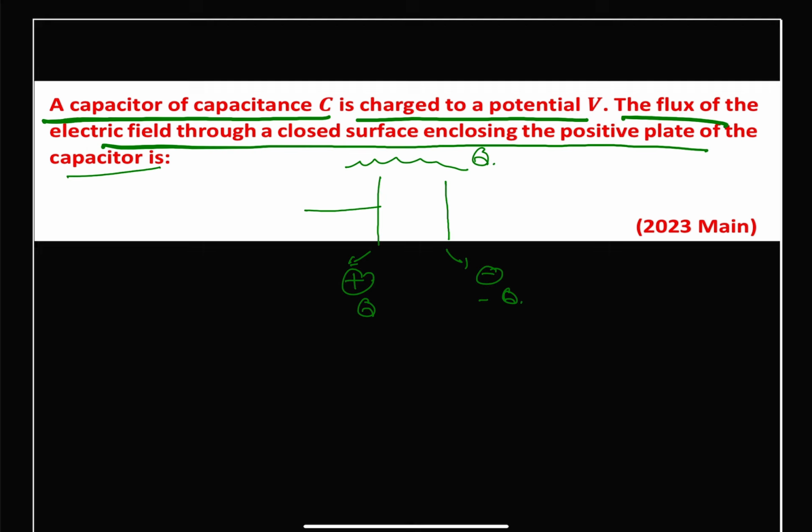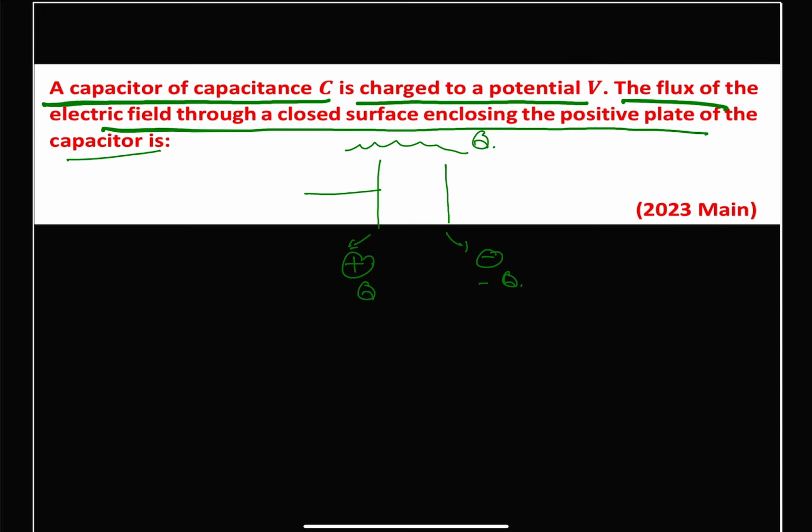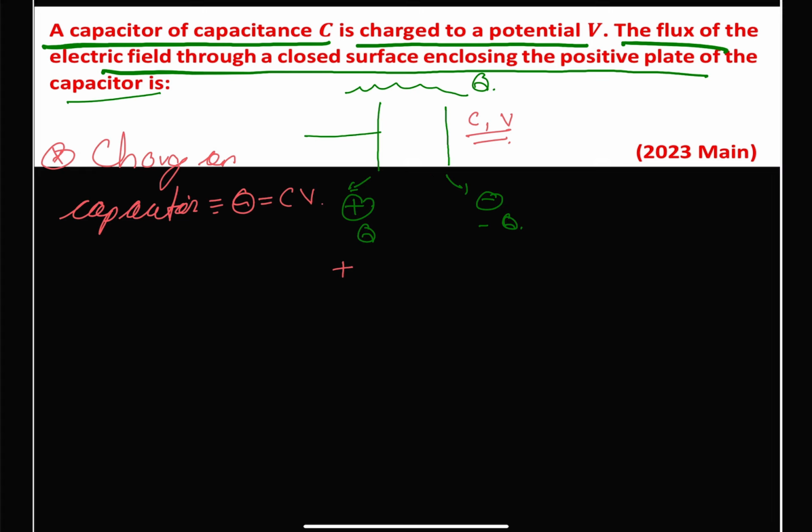Okay, so you can say that this charge Q on the capacitor, if it has a capacitance of C and potential difference V, then the charge on the capacitor, which is our Q, will be equal to C times V. So the positive plate, that's the left one, will be holding a plus CV charge, and the right plate is going to have a charge of minus CV.